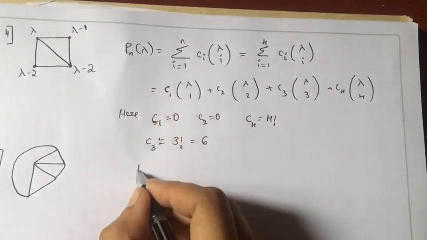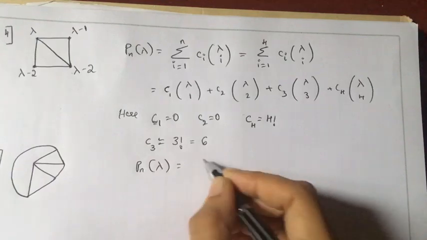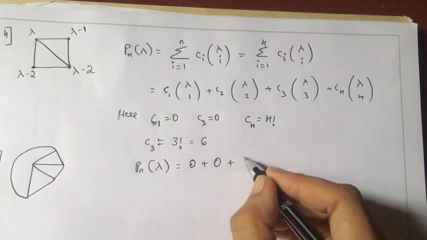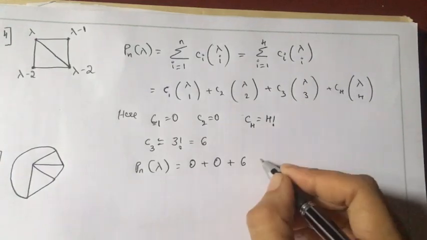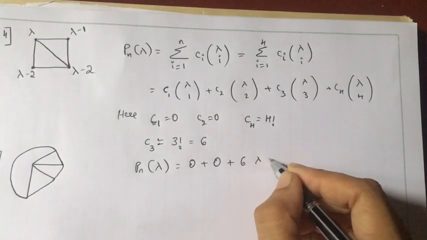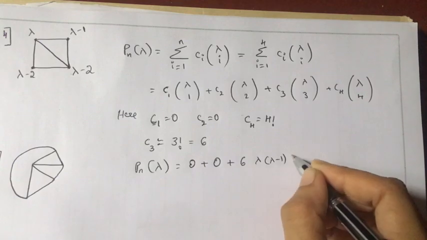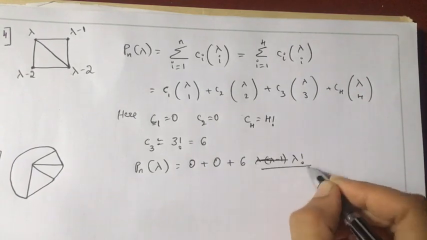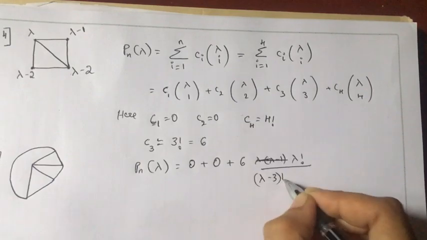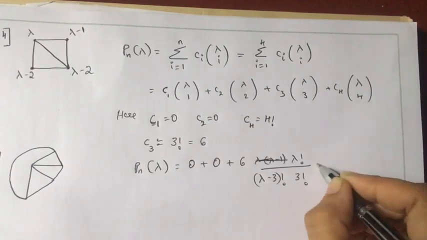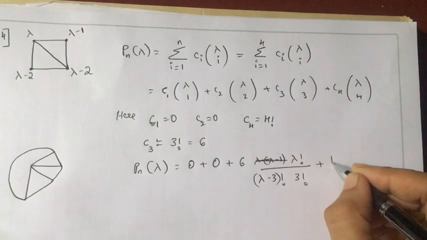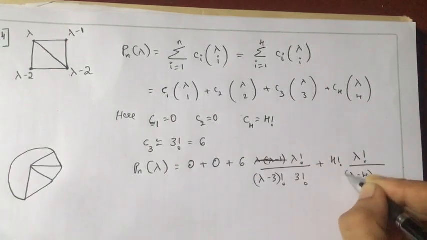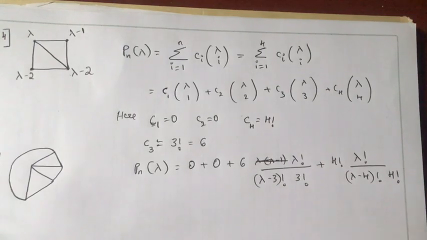Therefore, when I come to Pn of lambda, this will be c1 is 0, c2 is 0, c3 is 6 times lambda 3, which is lambda into lambda minus 1, or I can write lambda factorial divided by lambda minus 3 factorial, into 3 factorial, plus c4 is 4 factorial, lambda factorial divided by lambda minus 4 factorial into 4 factorial.